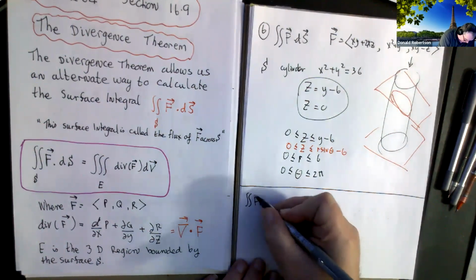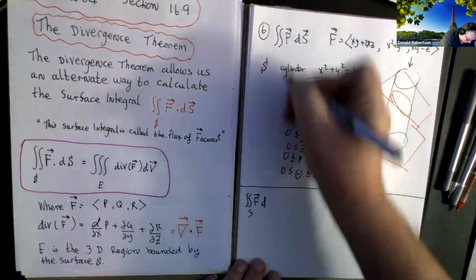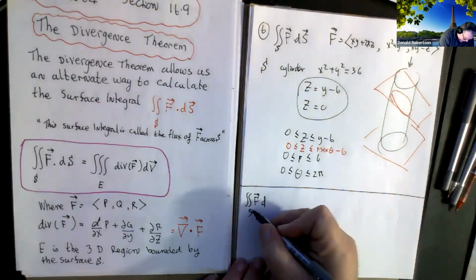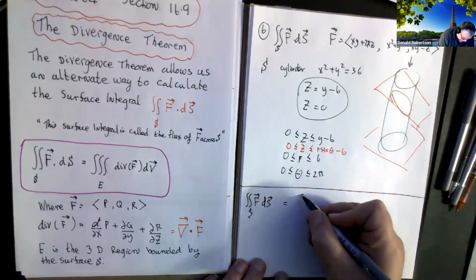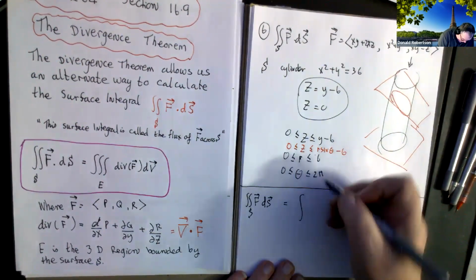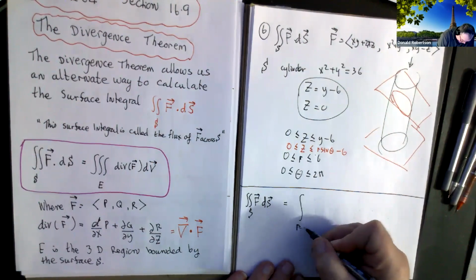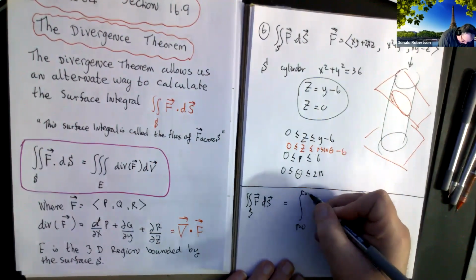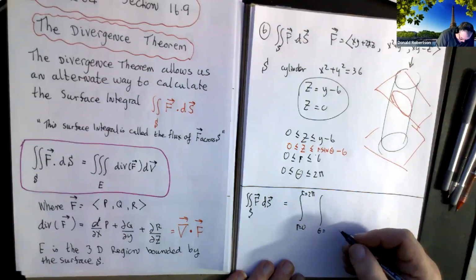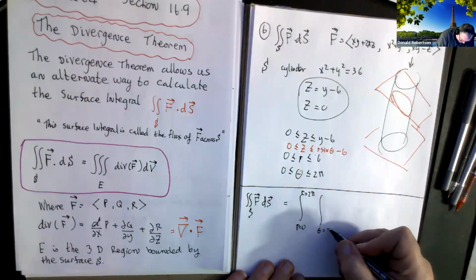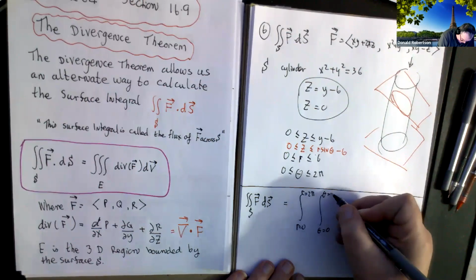This guy, the flux, is equal to, since these are numbers, I will make no particular reason, r equals 0 to 6. Theta equals, I might change my mind, but 0 to 2 pi.